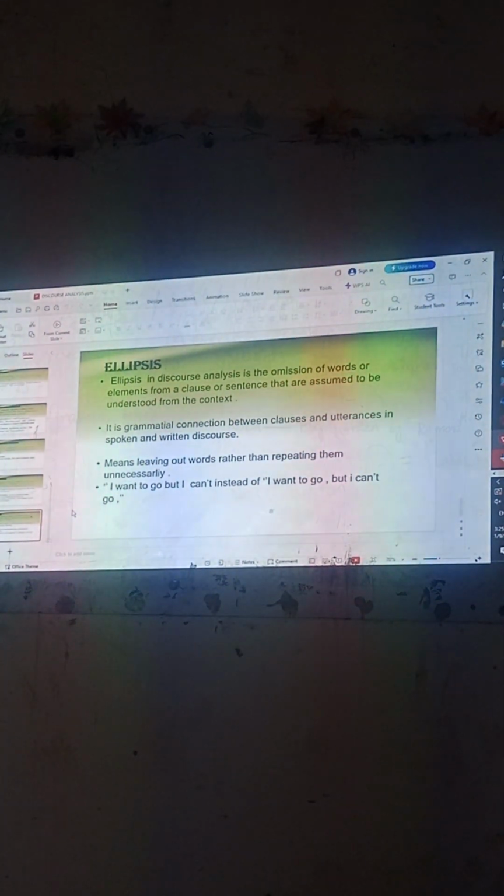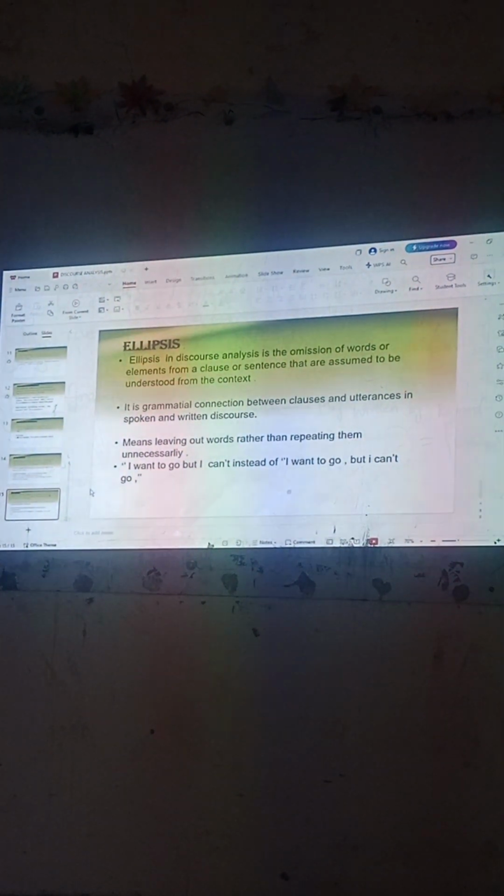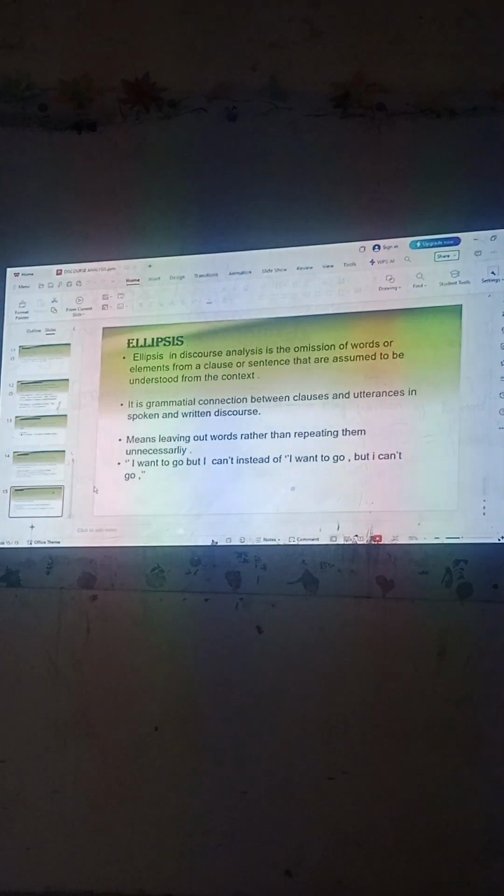Yes, leaving out words rather than repeating them unnecessarily. I want to go, but I can't, instead of I want to go, but I can't go.